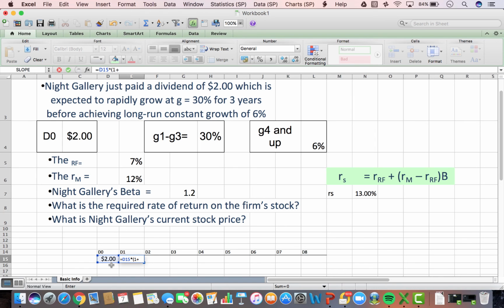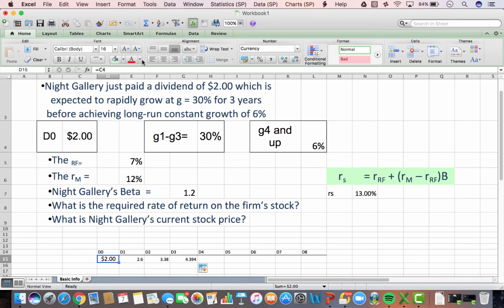1 plus this rate of growth. I'm going to anchor this because I'm going to move the formula in a little bit, so you'll see. I want to anchor it on the column. This is going to be true for 3 years, for year 1, 2, and 3.